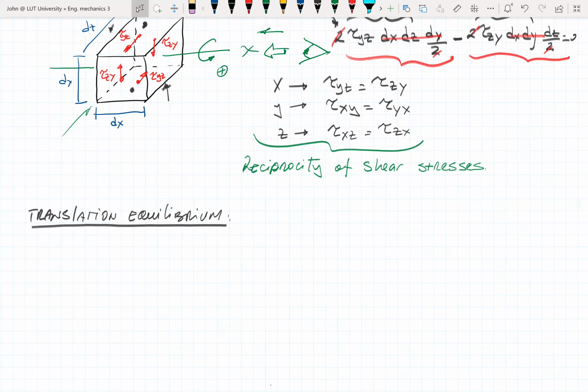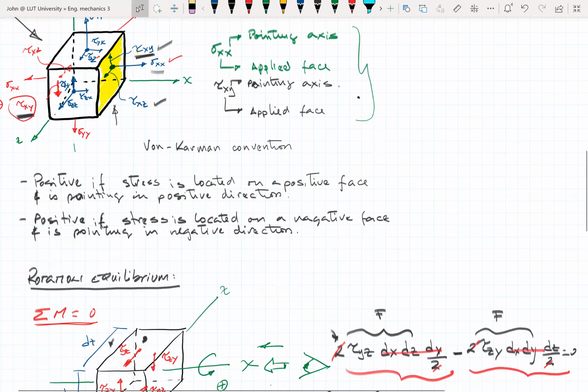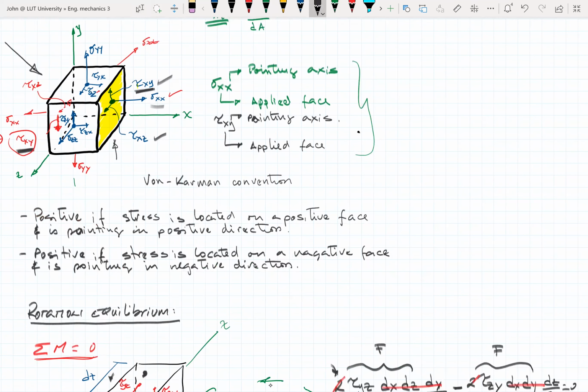I want to treat this first as a two-dimensional case to explain something, but instead of doing that right away, let me just draw again a cube and some of the stresses on the cube to explain how different the stresses are between one point and another.